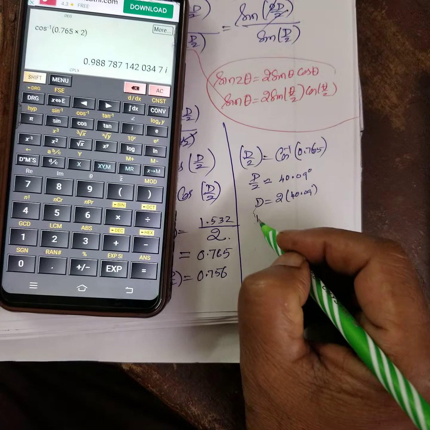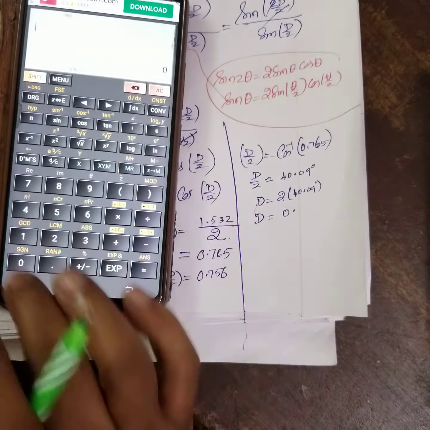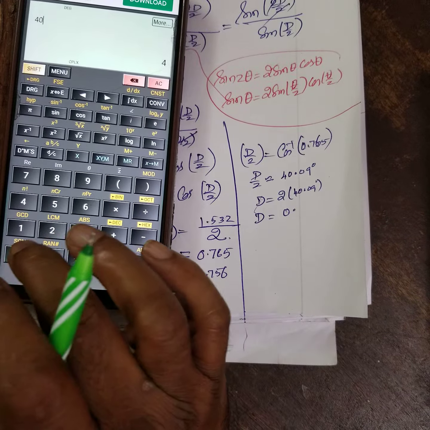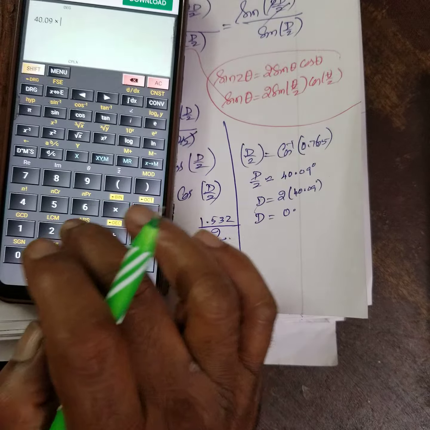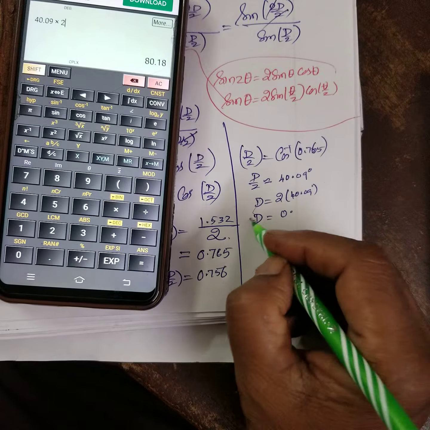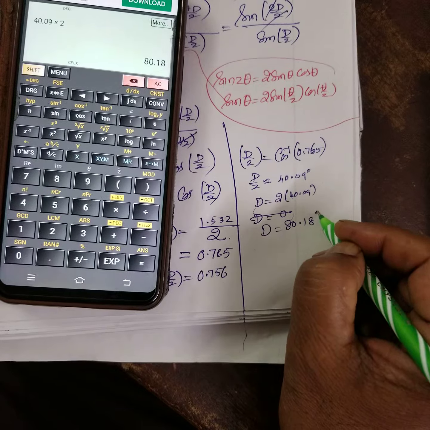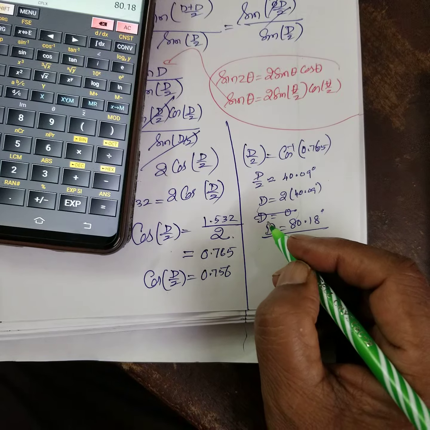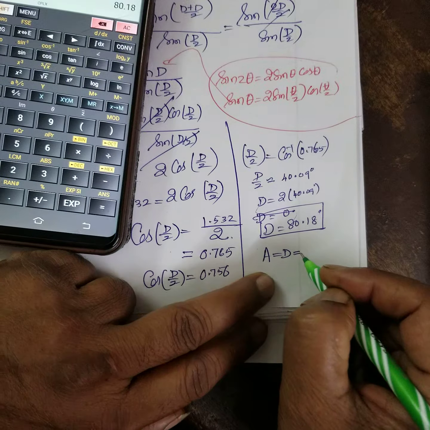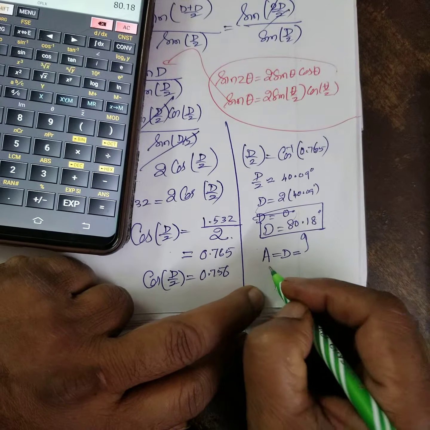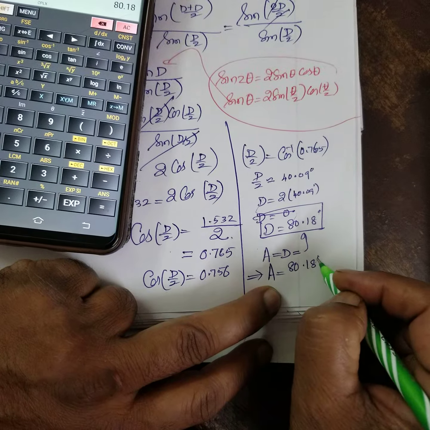You get D is equal to 80.18 degrees. Understood? But D is equal to A, the same thing. Therefore, the angle of the prism is equal to 80.18 degrees.